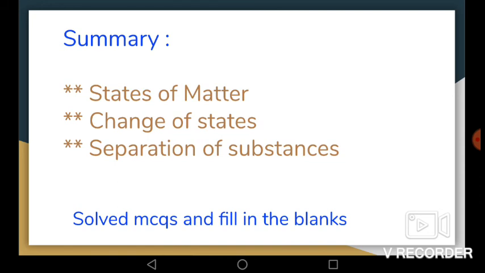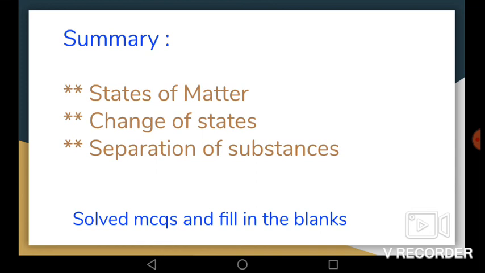On doing so, the liquid passes through the filter paper, while the insoluble substance gets retained on the filter paper. For example, sand and water can be separated by filtration. An example of filtration used at home is the separation of tea leaves from tea using a strainer.